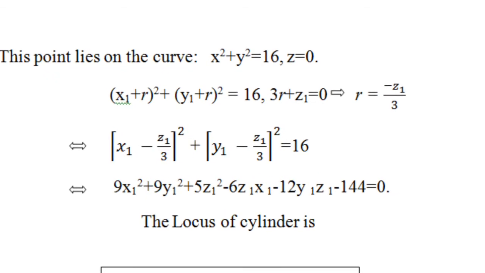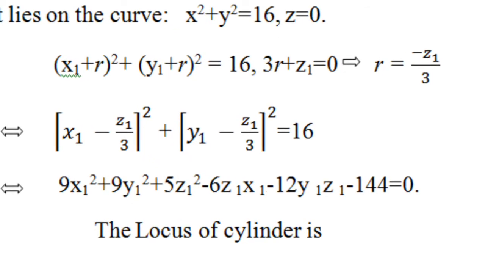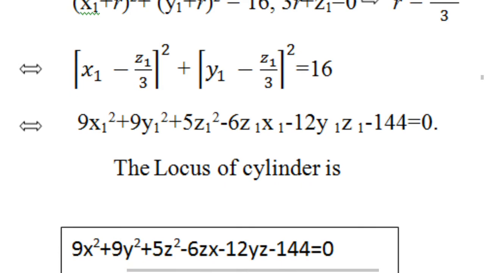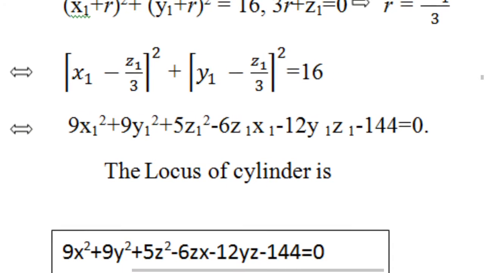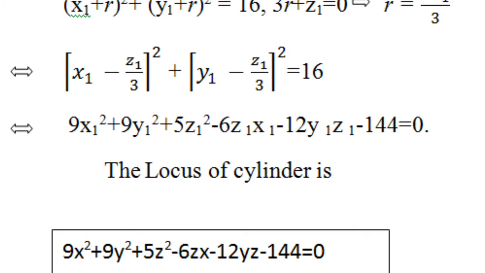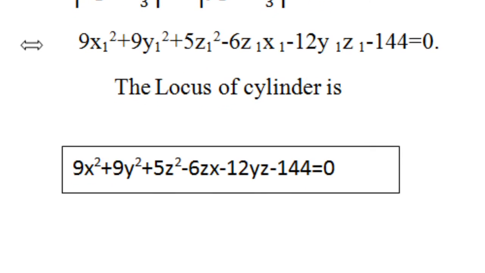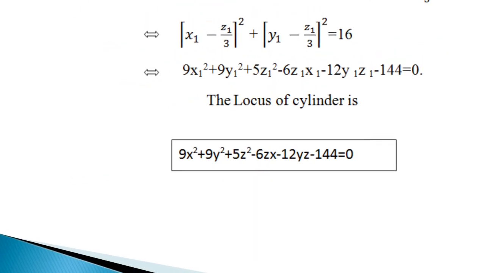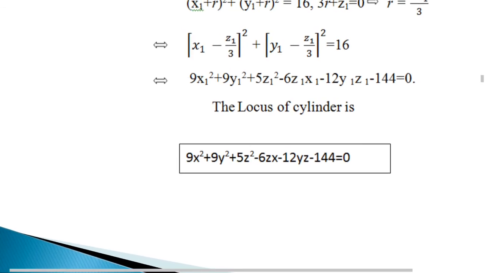Now you have to expand this, and you will get the equation like this. Now, to write the locus, replace x1, y1, z1, which indicate the particular point, with x, y, z. The locus will be 9x square plus 9y square plus 5z square minus 6zx minus 12yz minus 144 is equal to 0. In this way, we can find the equation of the cylinder.